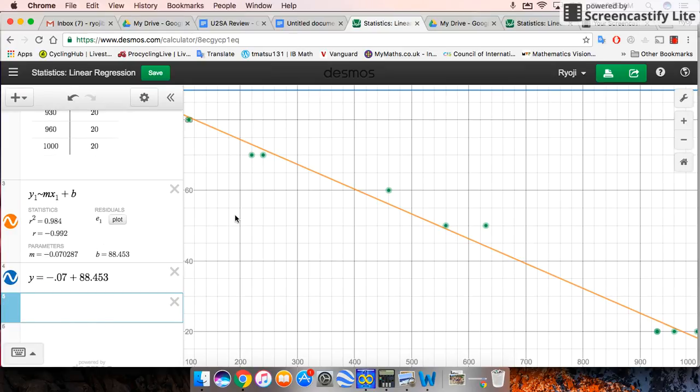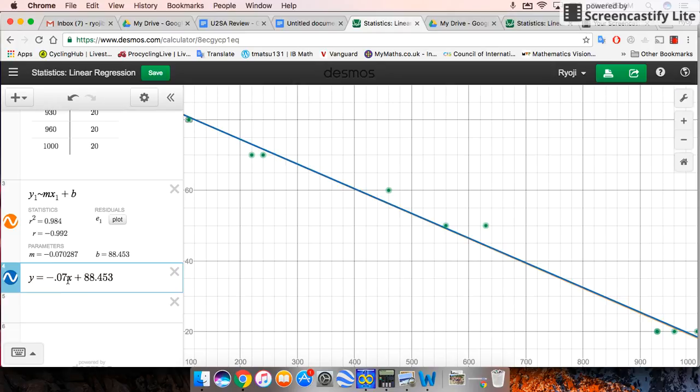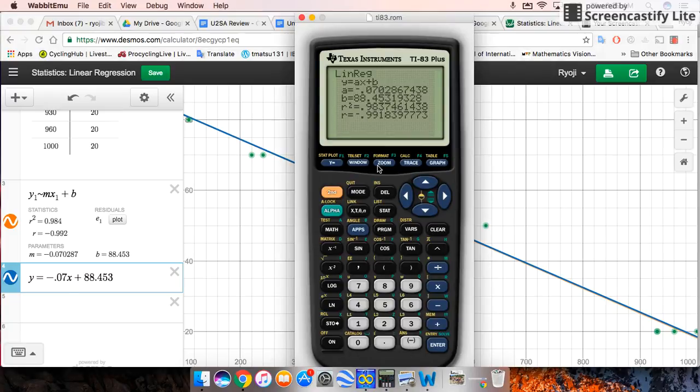If you type that in, oops, sorry, we need to put x here. So now the blue line overlaps the orange line, right? So that means that they're the same line. And if we look back at our graphing calculator, the slope, negative 0.070, matches, and the y-intercept, 88.453, also matches.